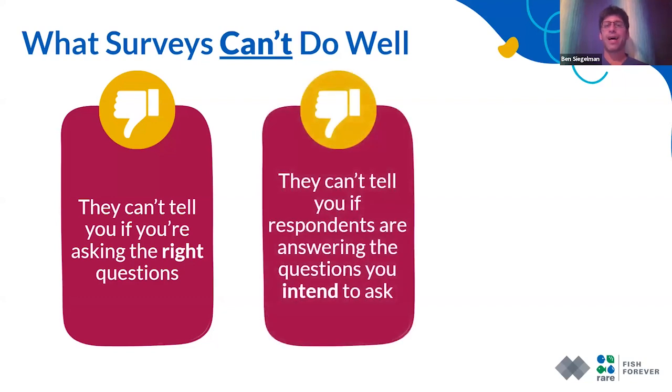They also cannot tell you if respondents understand the question the way you intend to ask it. So I'll give an example here. Let's say you ask me, where do you come from? I might answer Kenya because I live in Kenya. And you would look at me and say, you don't look like you're from Kenya and you don't sound like you're from Kenya. Are you sure you come from Kenya?